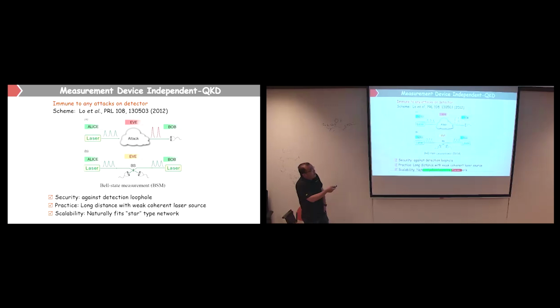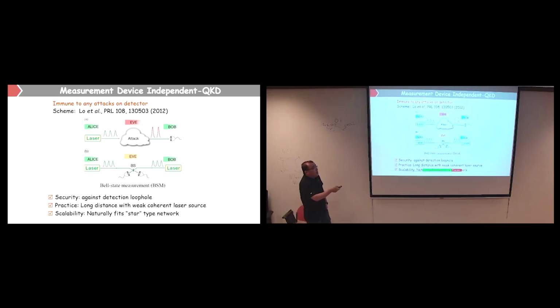In BB84, Alice attenuates her laser to the single-photon level and sends it to Bob. An eavesdropper blocks it and does a measurement. According to his result, he uses a strong pulse to manipulate Bob's single-photon detector and make it work his way. In that sense, he can attack the detection.